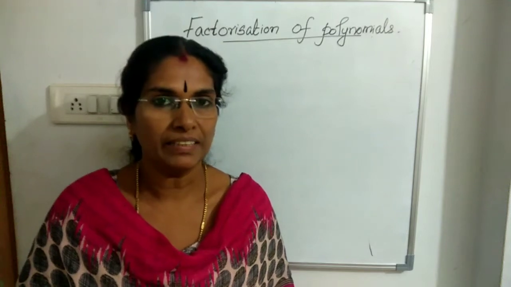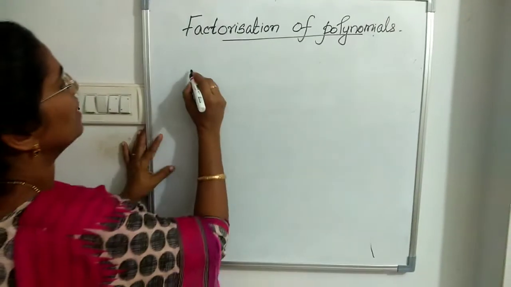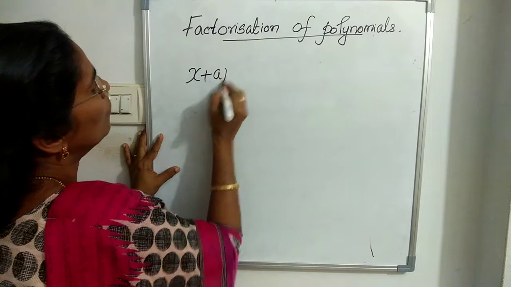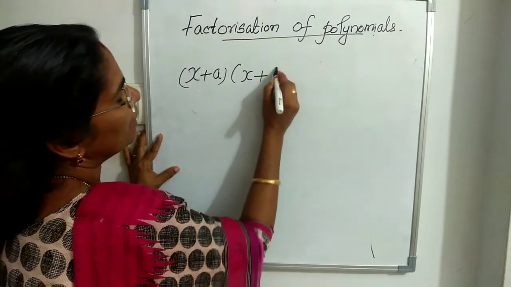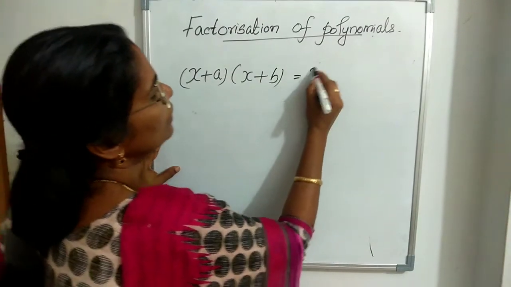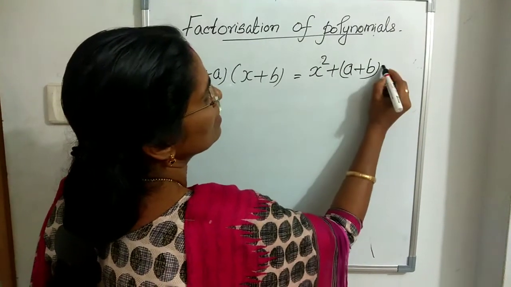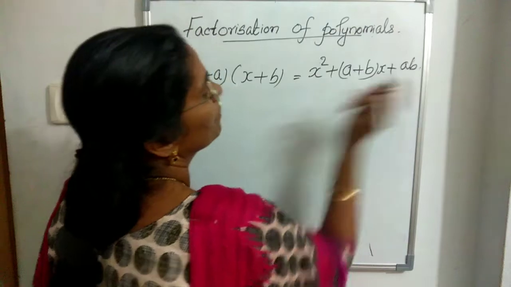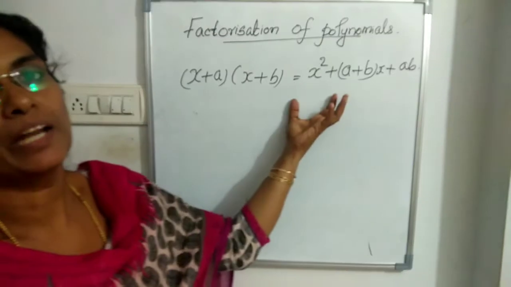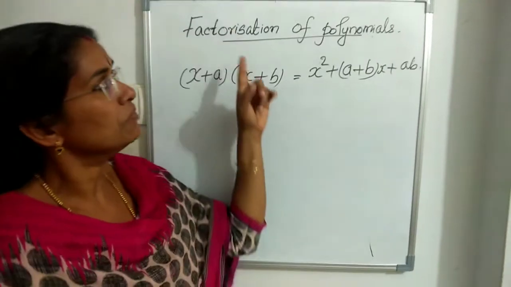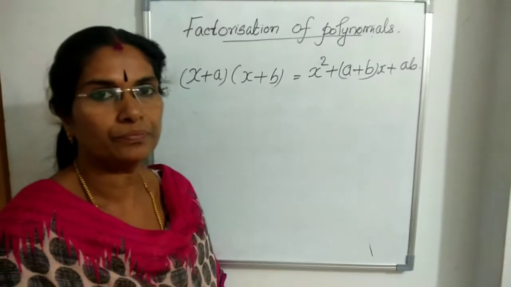And the fourth one: (x plus a) into (x plus b) equals x square plus (a plus b) x plus ab. This formula we use in factorization of polynomials also.